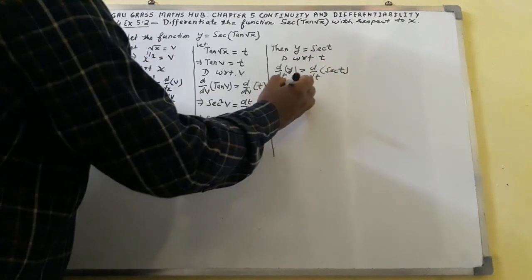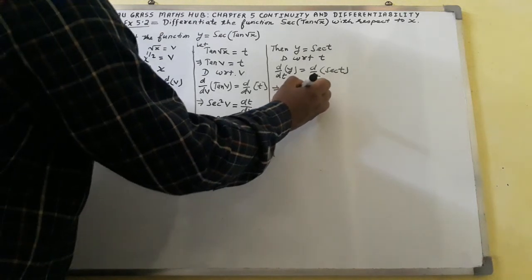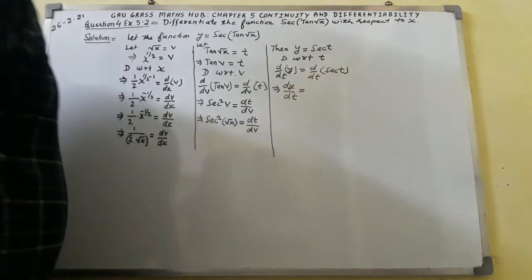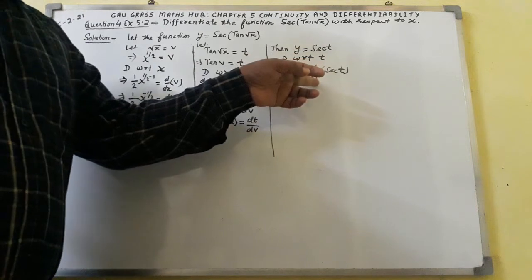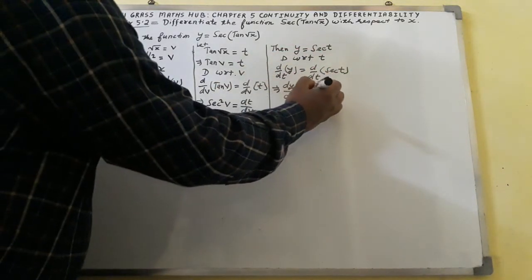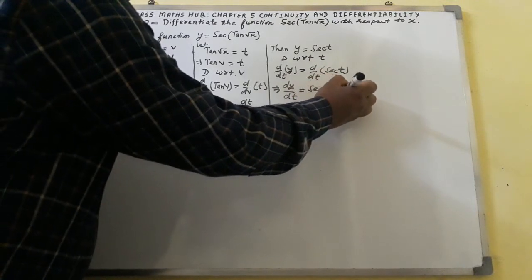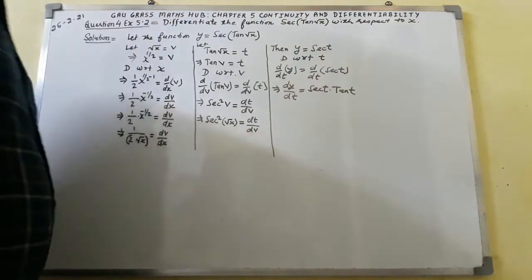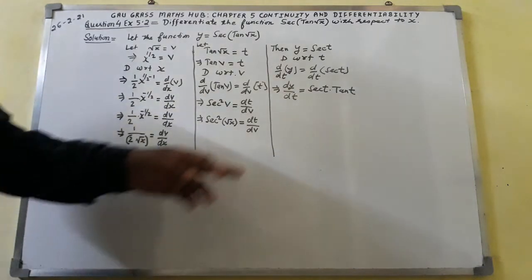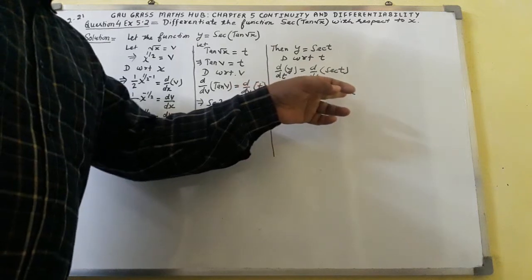This comes out to dy/dt equal to sec t times tan t. So you have got dy/dt equal to sec t tan t.